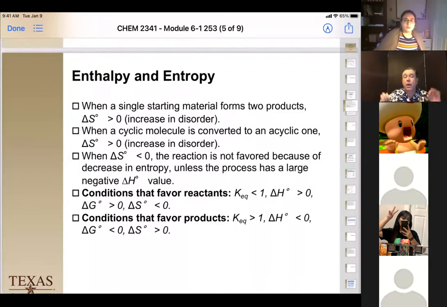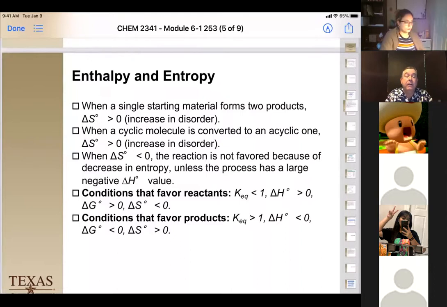Okay, so when we want reactants to be favored or stay unreacted, we want our equilibrium constant to be less than 1, meaning that you have more reactants than products, because the reactants are on the bottom of the equation. When your change in enthalpy is positive, when you have to put heat into the reaction to make the products, it would rather stay as the reactants.